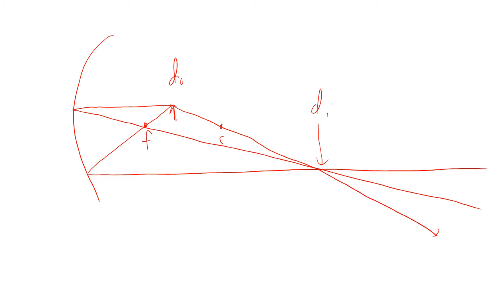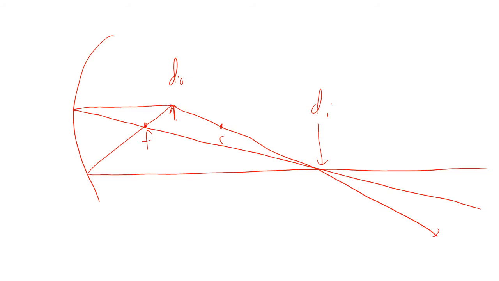The third one goes to the center of curvature. Now, if the object had actually been further out, it would have gone to the center of curvature and then kept going to the mirror and then back. But it's a straight line through the center of curvature. Okay, where they all three come together is going to be the position of the image.